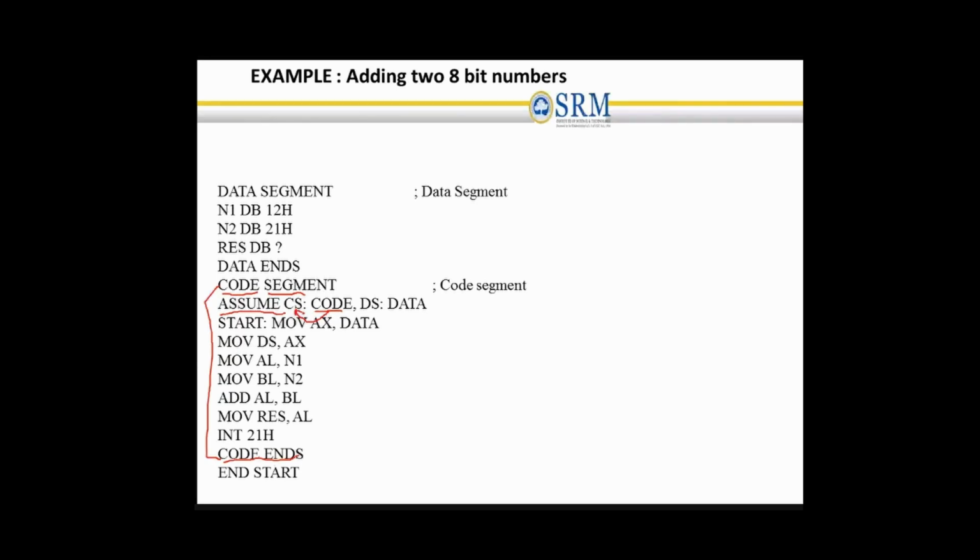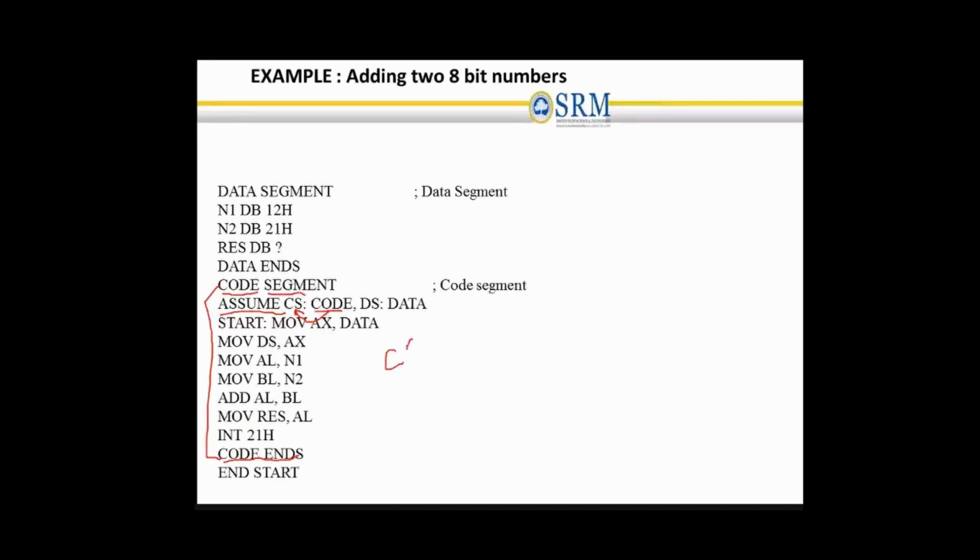So, we are telling the assembler, the alias name for code segment is code, C-O-D-E. And again, see here, in this place you should put a colon. Everything matters. If you put semicolon, it gives you error. So be careful. Whatever you want to assume, put a colon, not semicolon, and give any name. You can give any name to your code segment.